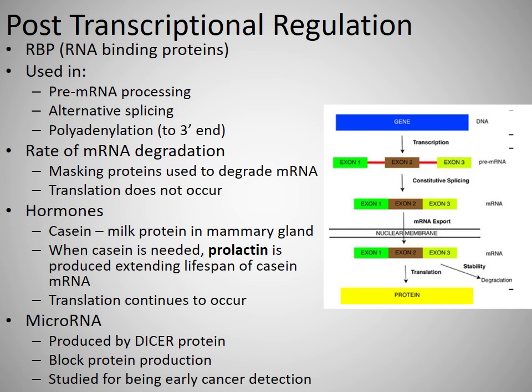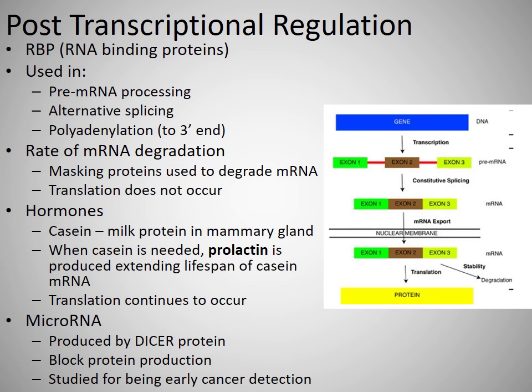So again, RBPs, those RNA binding proteins, they're used in pre-mRNA processing for alternative splicing and polyadenylation. RBPs are very important because they will regulate gene expression or the mRNA itself. The rate of mRNA degradation: when the mRNA is transcribed and it gets sent out into the cytoplasm, there could be some sort of masking protein basically telling the cell that, hey, we don't need this mRNA transcript.